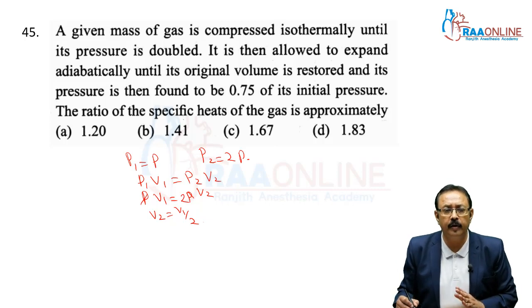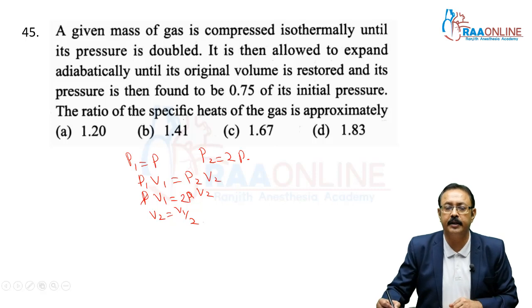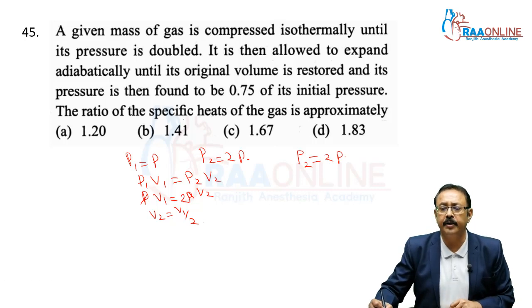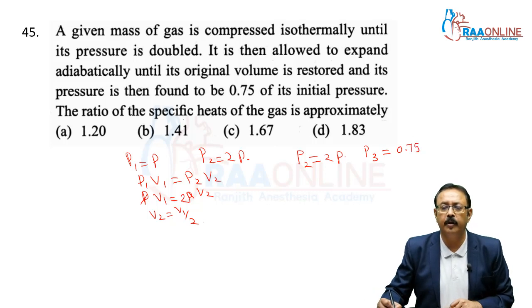What are they saying? It is now allowed to expand adiabatically until its original volume is restored. Means now its pressure P2 is 2P and new pressure P3 is equal to 0.75. New volume is V1/2.